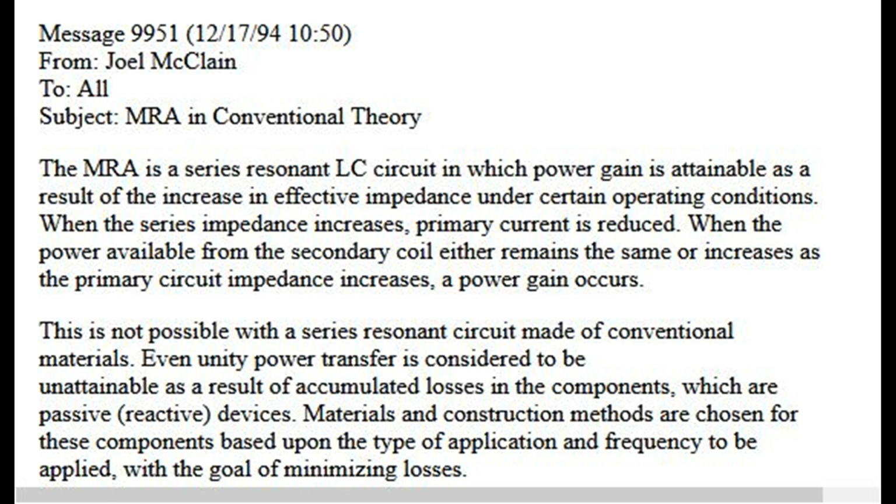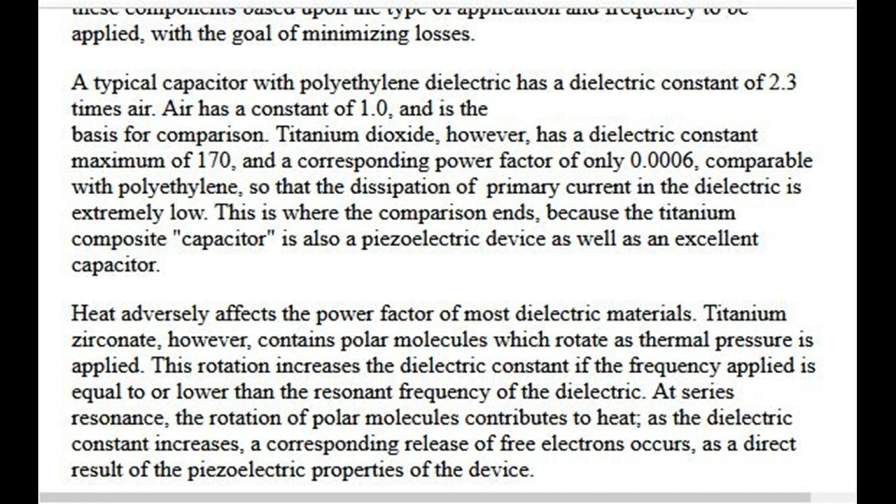Even unity power transfer is considered to be unattainable as a result of accumulated losses in the components, which are passive, reactive devices. Materials and construction methods are chosen for these components based upon the type of application and frequency to be applied, with the goal of minimizing losses. A typical capacitor with polyethylene dielectric has a dielectric constant of 2.3 times air.